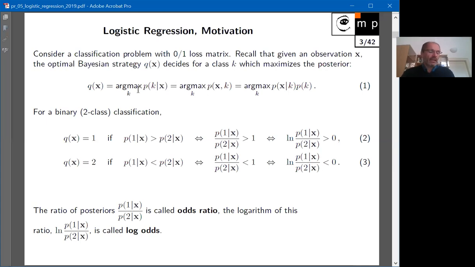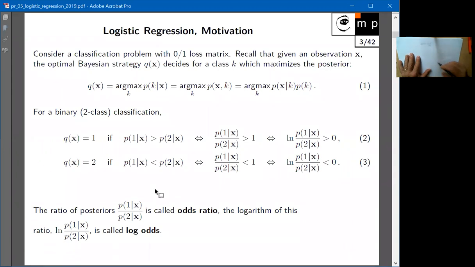We can look at it as a posteriori or joint, because of the difference between p(x) and p(k). Maybe I can write it down here: p(k|x) is equal to, okay, you don't see the paper, let me switch. So p(x|k) p(k) divided by p(x).